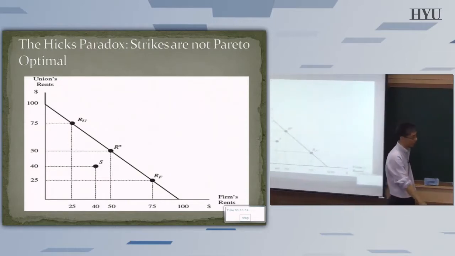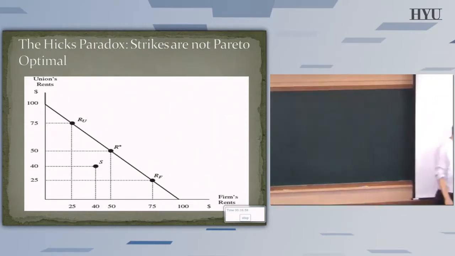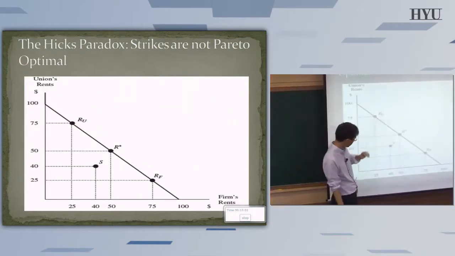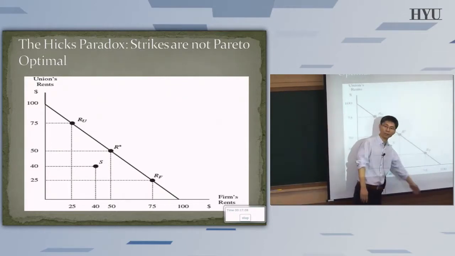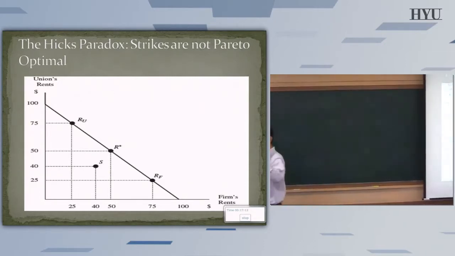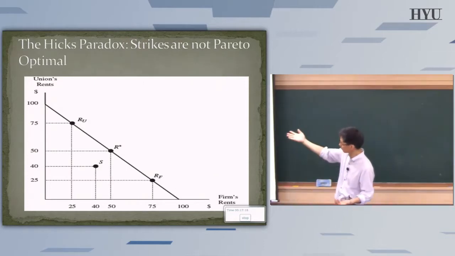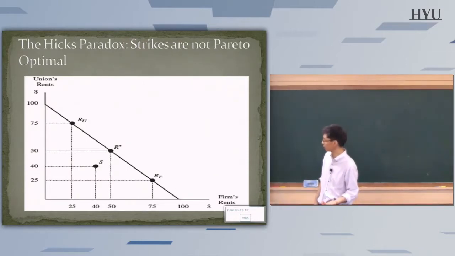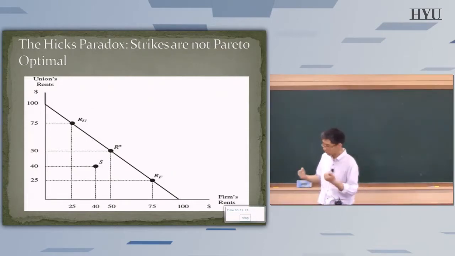The firm, as the previous diagram shows, generally tries to give a lot less to the union, $25, and wants to keep $75 for itself. So if they knew they had $100 to bargain over, with $75 and $25 versus $75 and $25, they bargain over that.